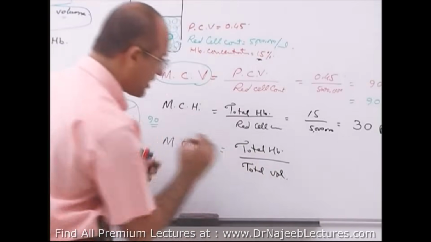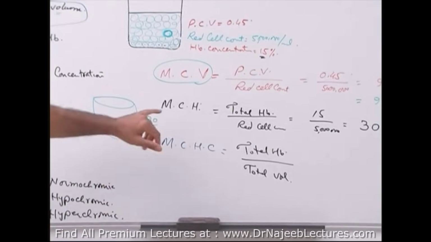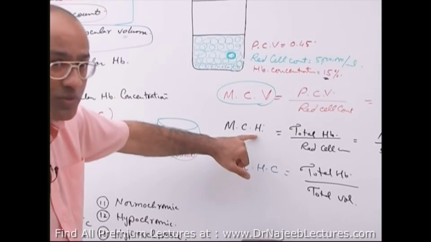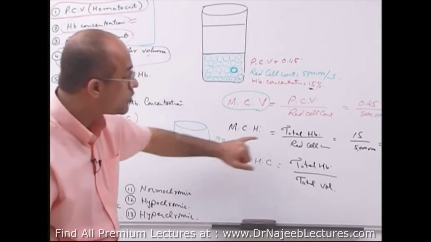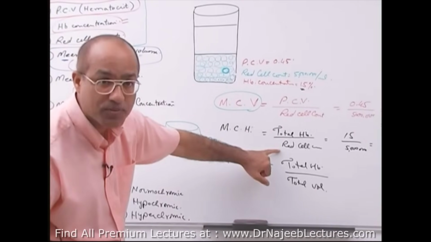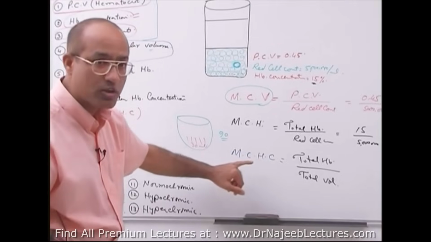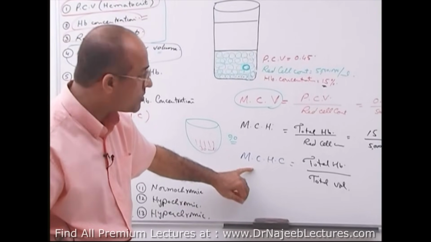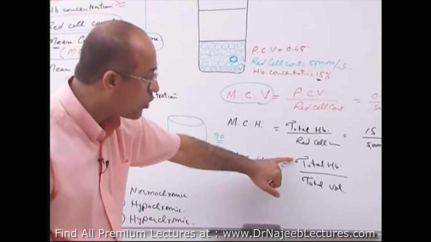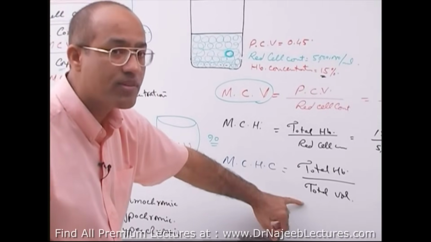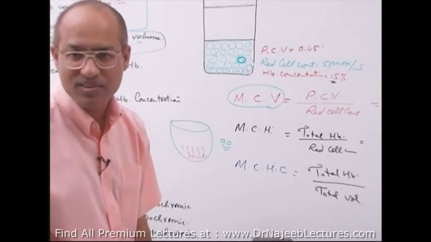Look now please carefully. When we talk about the amount of hemoglobin per RBC, then it is total hemoglobin divided by the number of red blood cells. When we talk about the concentration of hemoglobin in a given RBC, total hemoglobin is not divided by the number of RBC, it is divided by the total volume of the RBC.